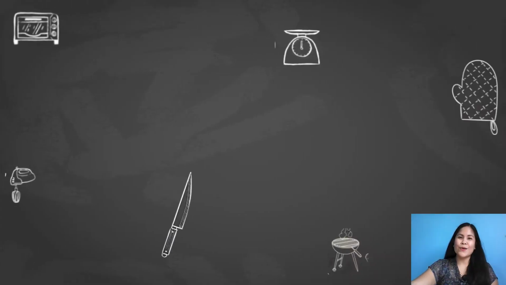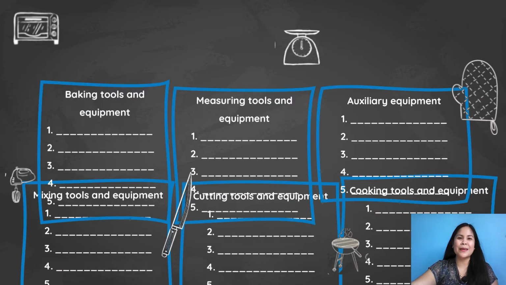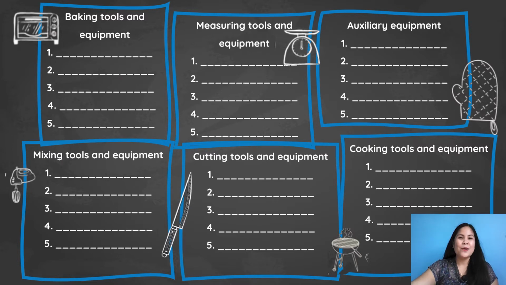After naming the different kitchen tools, utensils, and equipment, the next thing you have to do is to categorize them. These are the kitchen tools classifications or categories. We have baking tools and equipment, measuring tools and equipment, auxiliary tools and equipment.